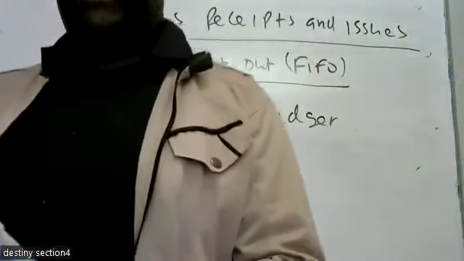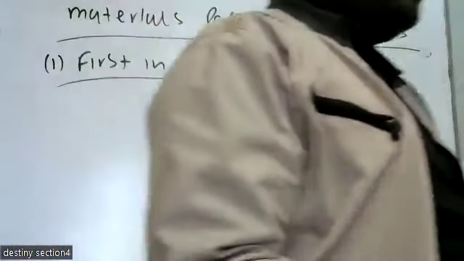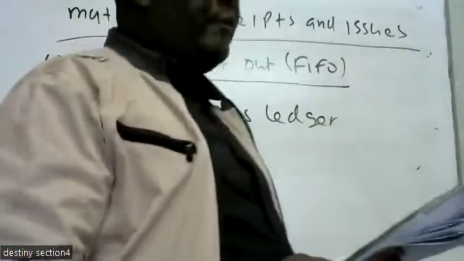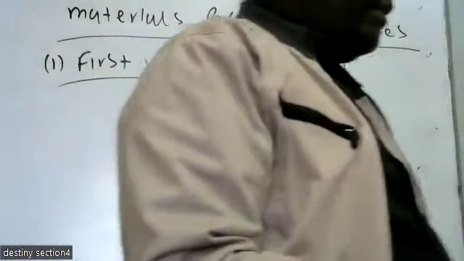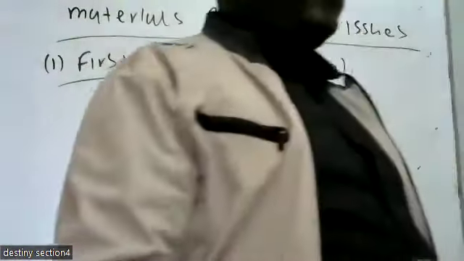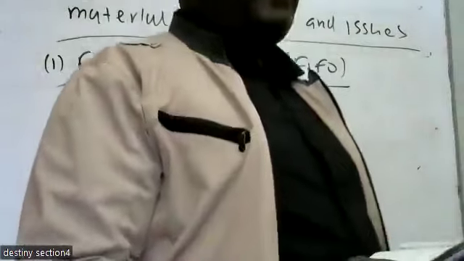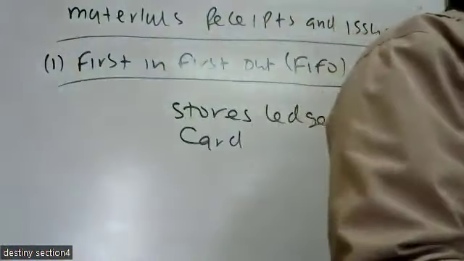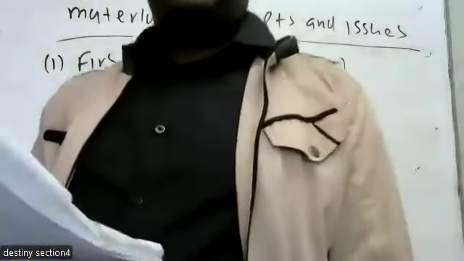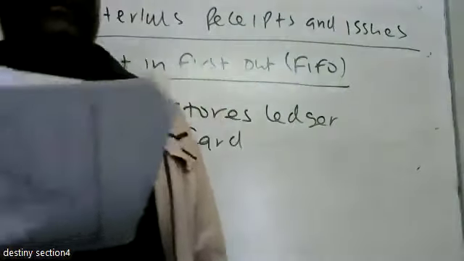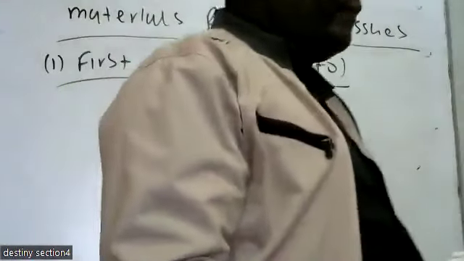Then number 2 is that materials are issued to the production at the previous costs.